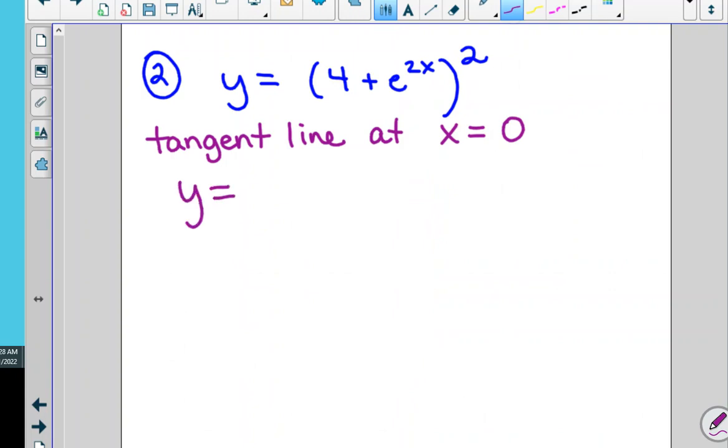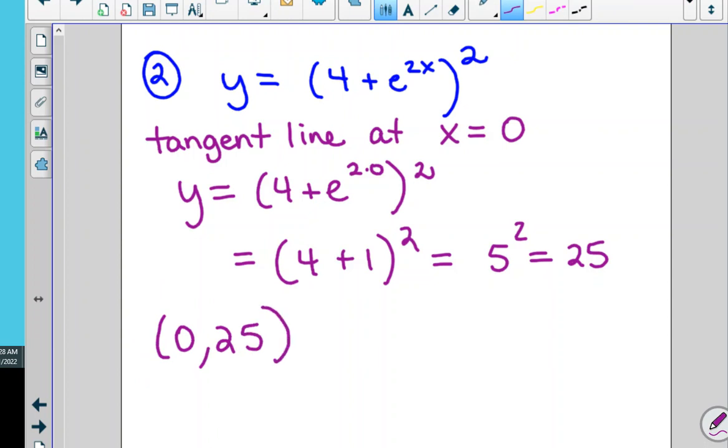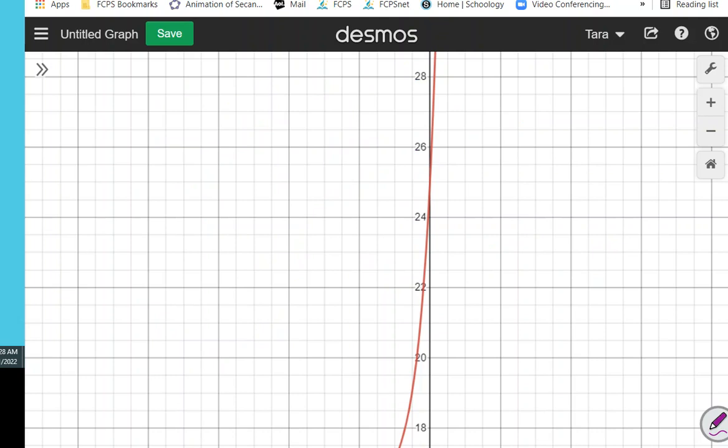So my y would be 4 plus e to the 2 times 0, quantity squared. Okay, this is not what I meant, but that's okay. I'll do that on the other one. So 5 squared, or 25. So (0, 25) is going to be my point where we're going to put our tangent line. So that's going to be all the way up here.